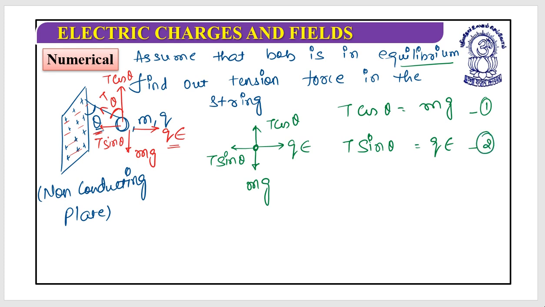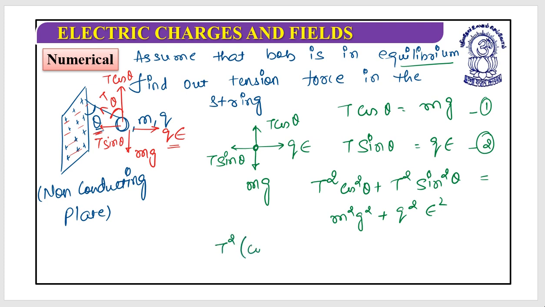Let's square this and add up. That means T square cos square theta plus T square sin square theta will be m square g square plus q square E square. So if I solve this, it would be T square into bracket cos square theta plus sin square theta, that should be equal to m square g square plus q square E square.